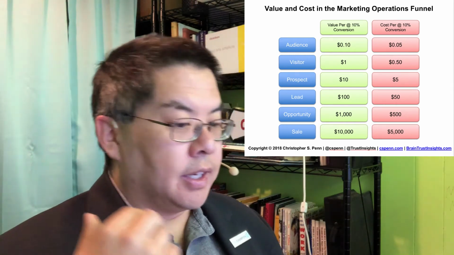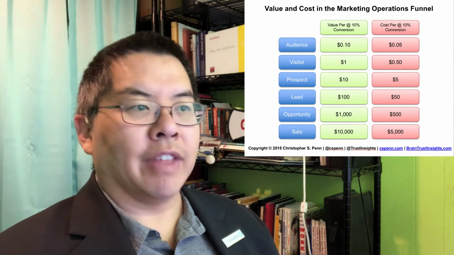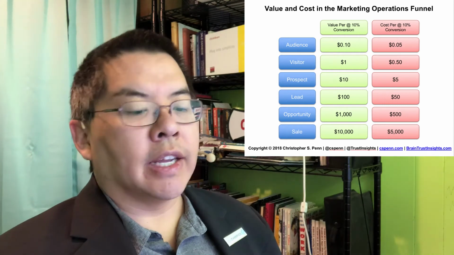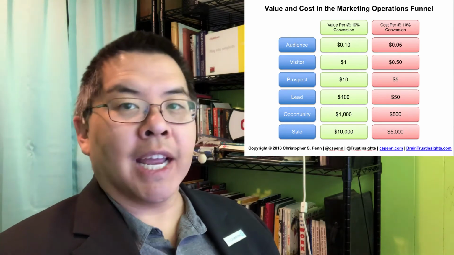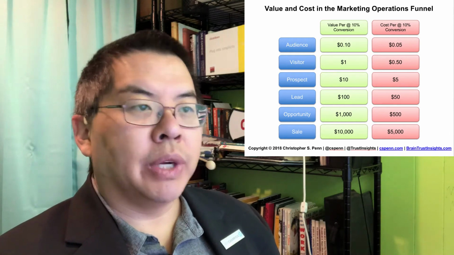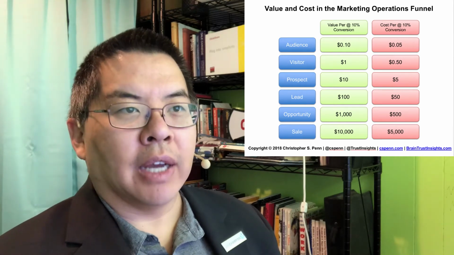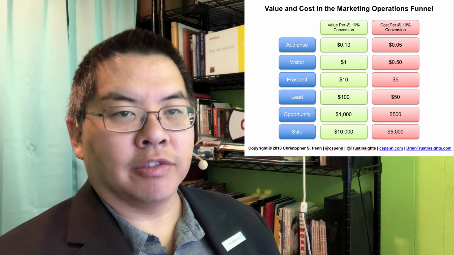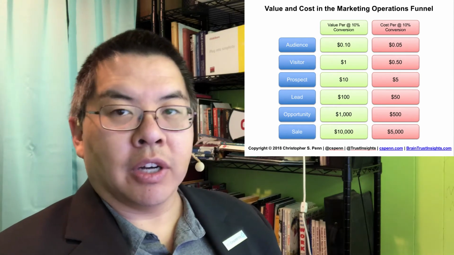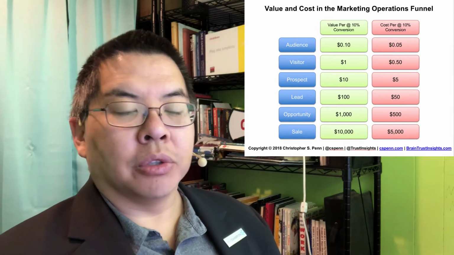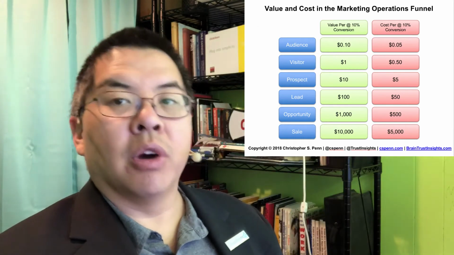So if you know every prospect costs $50 and every customer costs $5,000 to acquire, and management or the board or the stock market or whoever says, hey, I want to see you win 10 customers this year, well, now you know exactly how much it's going to cost you. It's going to cost you $50,000, because that's what it's going to cost to acquire 10 customers. And so you set your budget that way, and you spread the cost up the chain, and you know what to ask for.